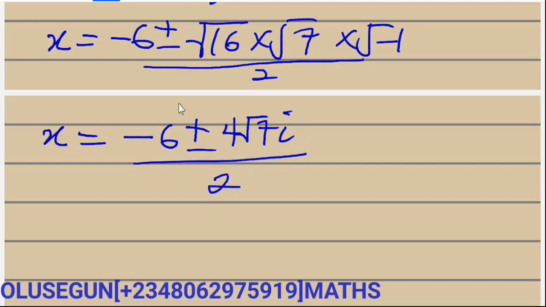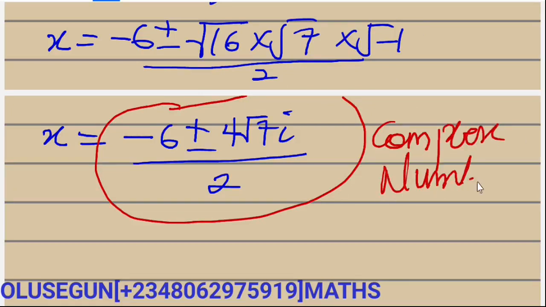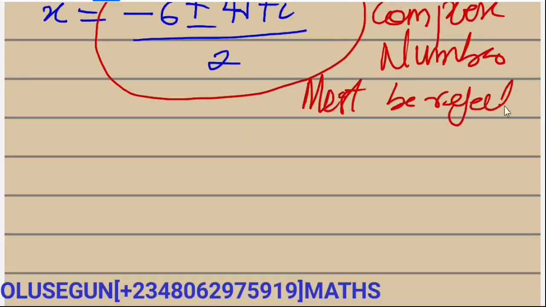Since it now has i, all these solutions are complex numbers. So therefore, they must be rejected.